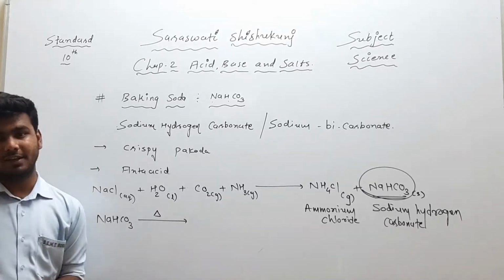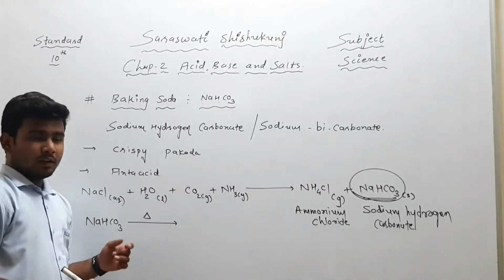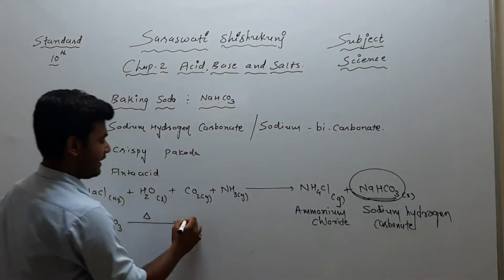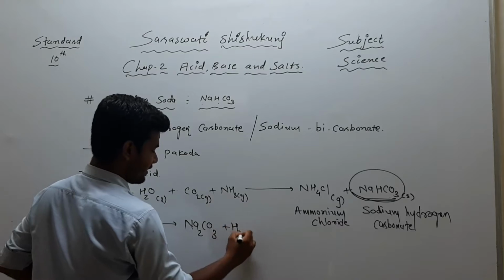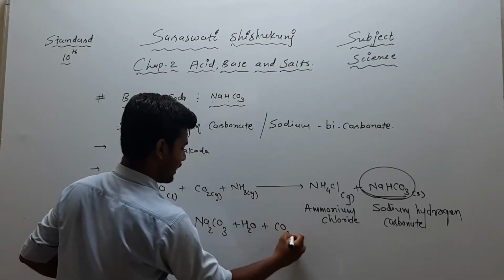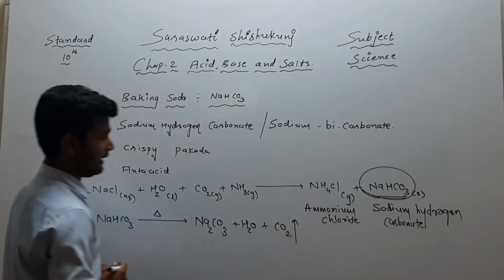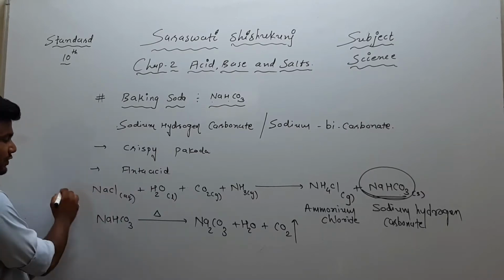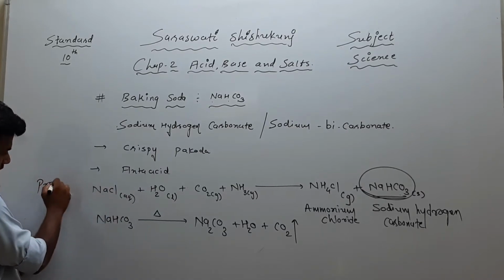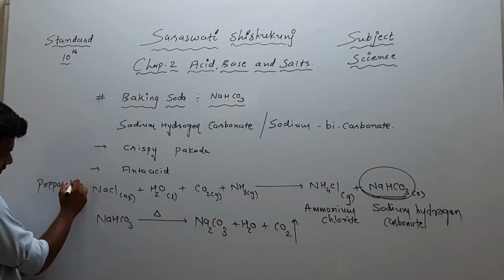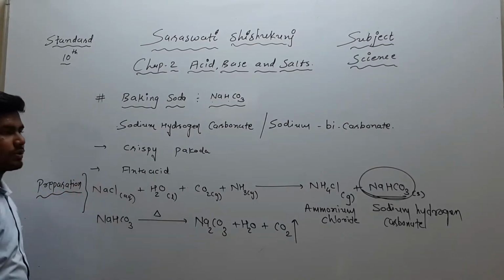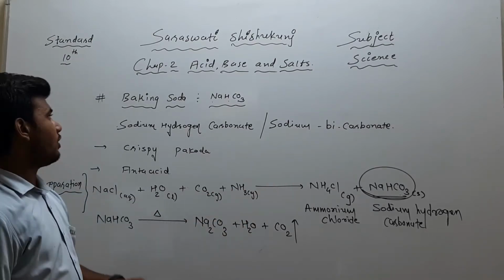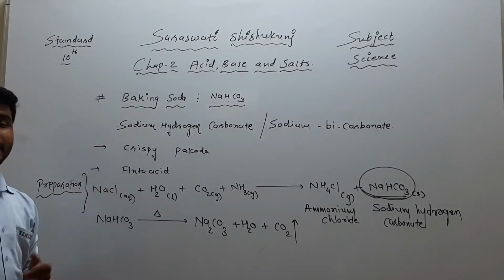Now when this sodium hydrogen carbonate, the baking soda, is heated, let's see what happens. By heating it, we will get Na2CO3 plus H2O plus carbon dioxide gas. So this is the preparation of sodium hydrogen carbonate, or our baking soda.